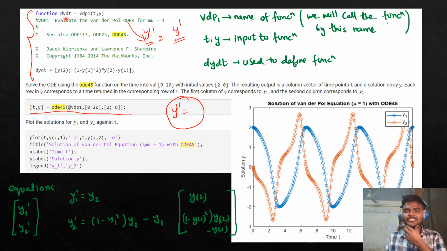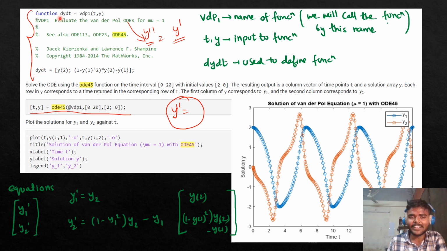So that's why it's not dy by dt. You can use any name here. So this is VDP1. So what is VDP1? Now I'm telling you how you can define a function. Then we'll see how we can use this as a snippet, and then you can solve the double order differential. I will be telling you every part of this particular definition.